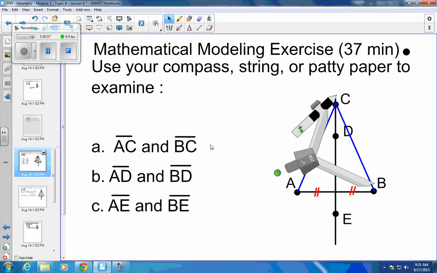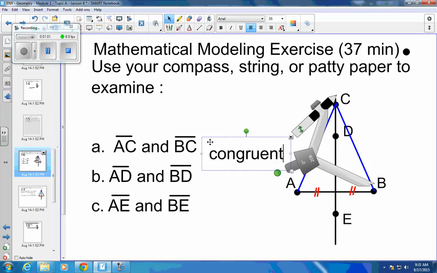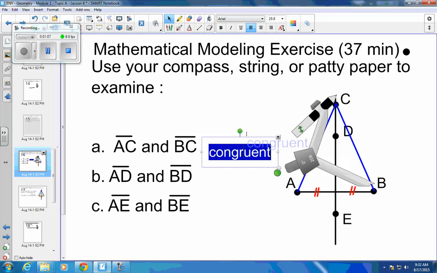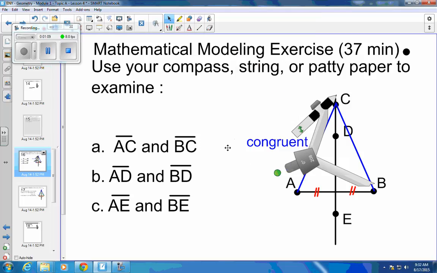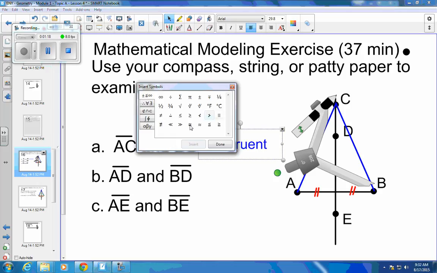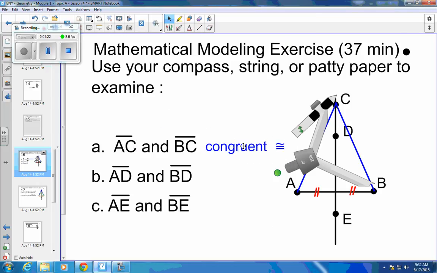So we call that congruent. And the congruent symbol, I can grab one of those, is that one. So AC and BC are congruent, and that signals congruent.